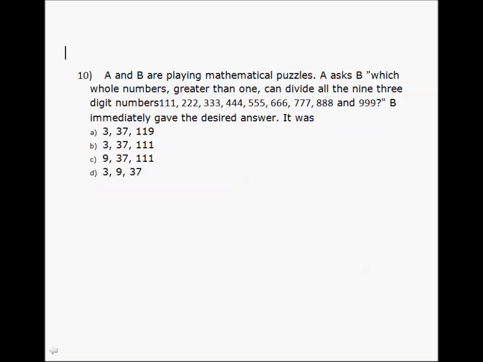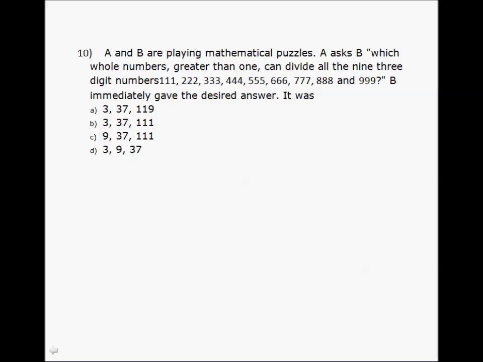The next question says A and B are playing mathematical puzzle. A asks B which whole numbers greater than 1 can divide all the 9 3-digit numbers 111, 222, 333 up till 999, and B immediately gives the desired answer. We have to find the desired answer.